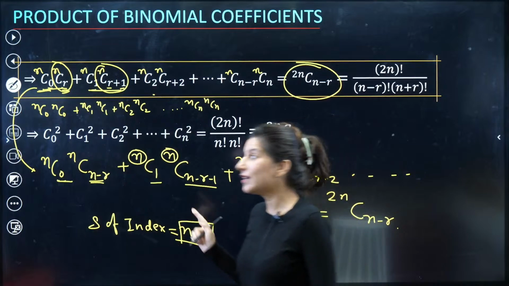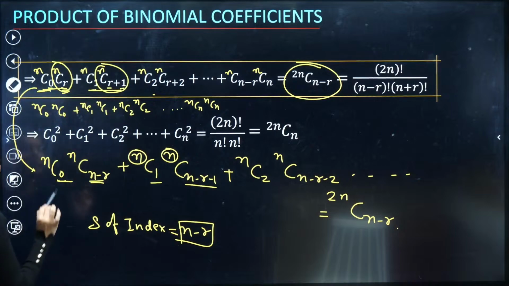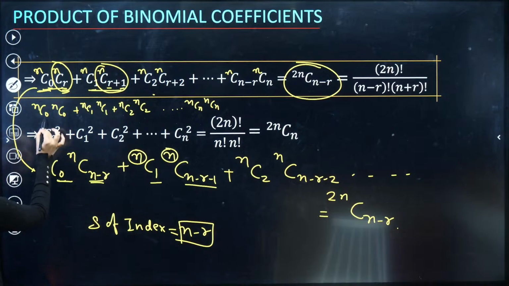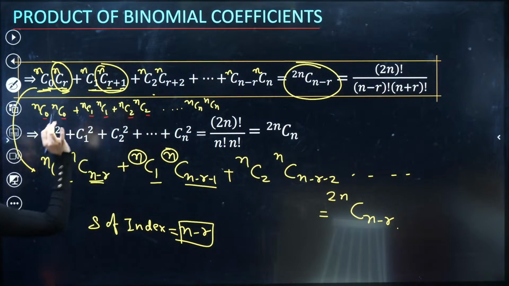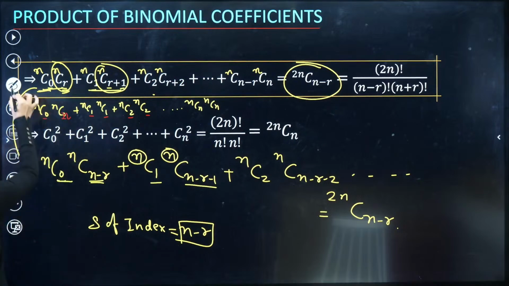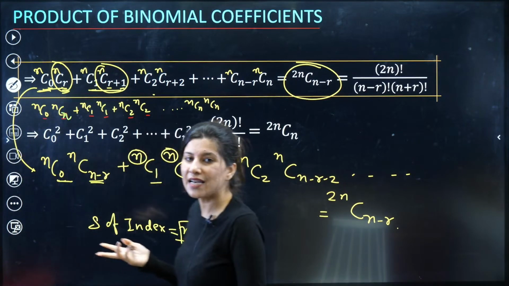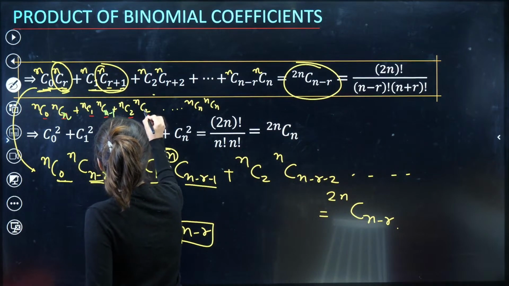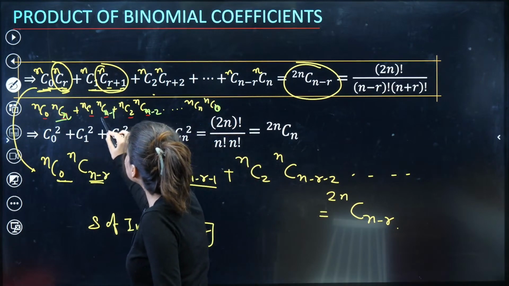I told you whenever you see a series of products, you change the second term. Right now the sum of indexes is 0 here, 2 here, 4 here, so it is not working for us. The sum should be constant. So this NC0 can be replaced by NCN, by the property NCR equals NC(N minus R). Now NC1 is NC(N minus 1), NC2 is NC(N minus 2), and NCN is NC0. I have only changed the second term.